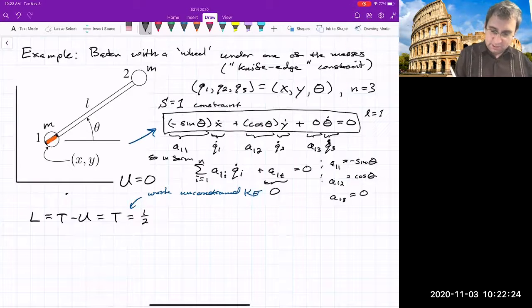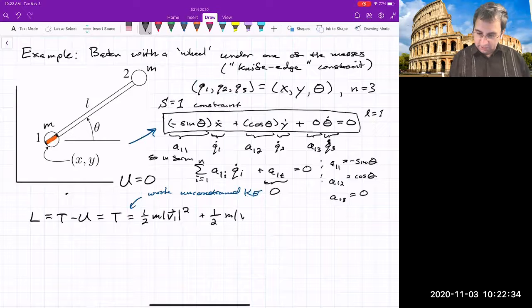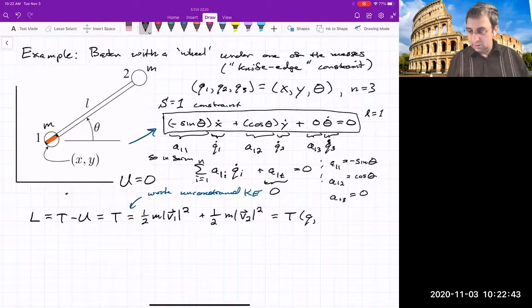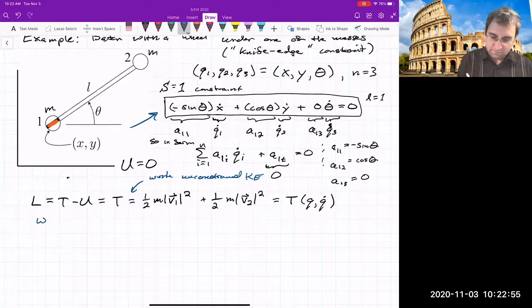So this is mass m, this is mass m. 1/2 m times the unconstrained velocity squared of particle 1, plus 1/2 m times the unconstrained velocity squared of particle 2. That's it. There's no rigid body stuff. And so this is going to be a kinetic energy that depends on the q's and the q dots. Since we're writing the unconstrained kinetic energy, that means write the unconstrained velocity.